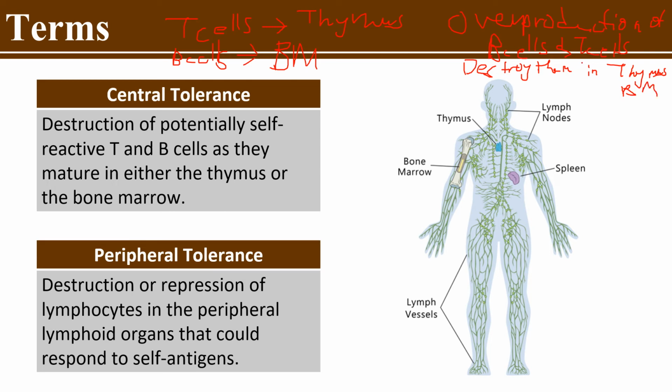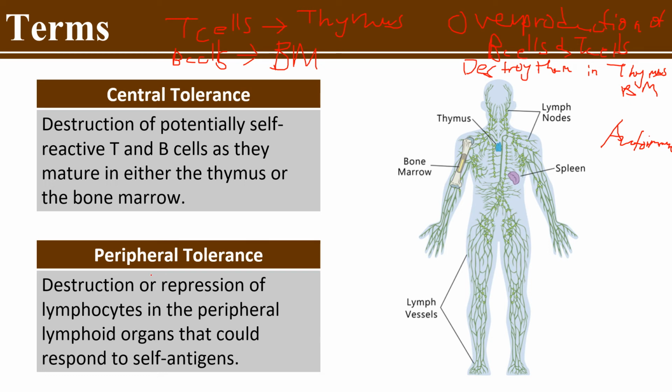So that's your central tolerance. Again, central tolerance, class, is the destruction of your B cells and T cells due to their overproduction or overreactivity that could lead to autoimmune disorders. They're already destroyed in the main organs, class, in the thymus and the bone marrow.